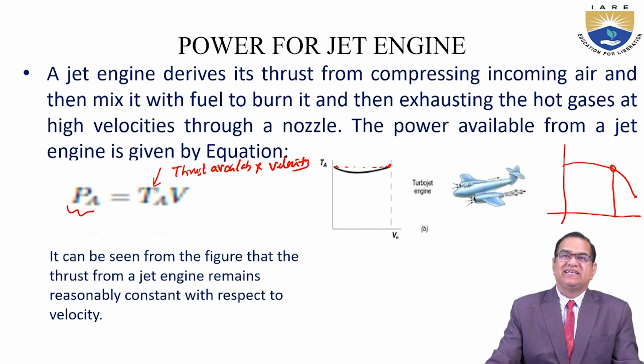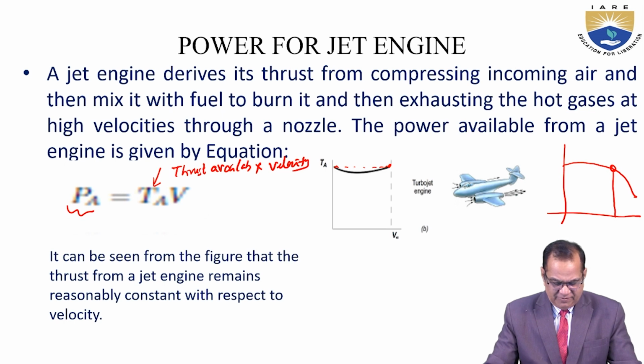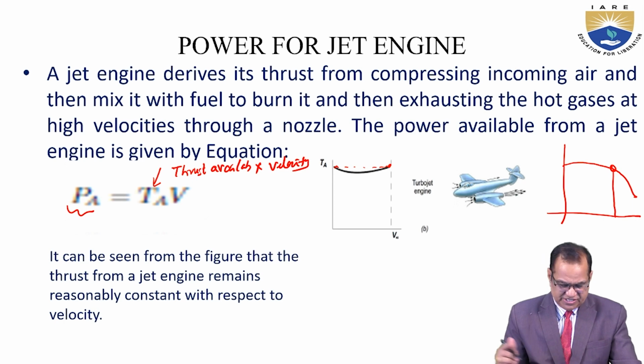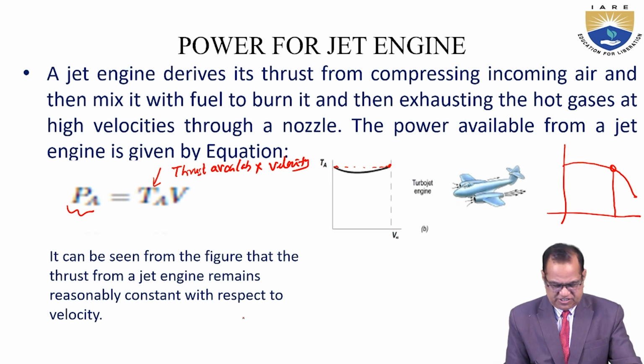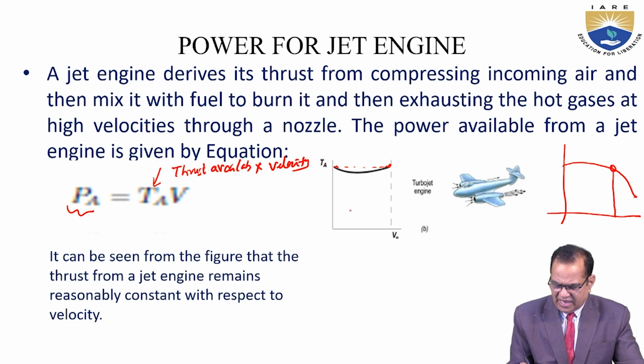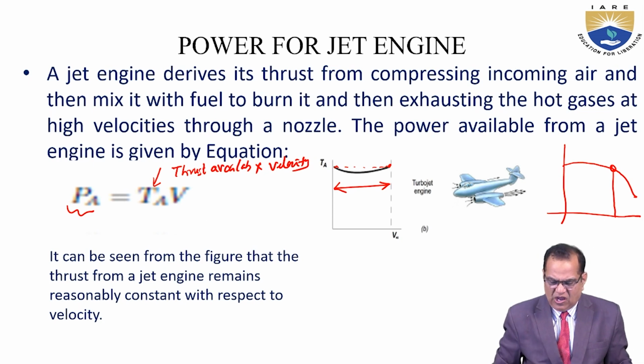It can be seen from the figure that the thrust from a jet engine remains reasonably constant with respect to the velocity. So it does not matter about the velocity. Only 2-3% changes may be there, but mostly it will remain constant.